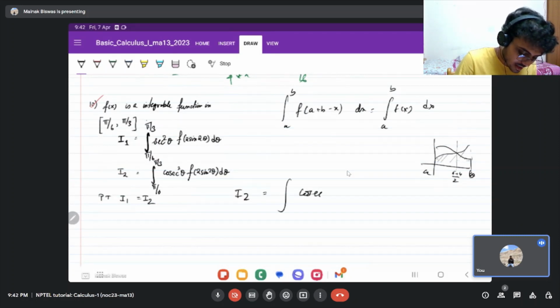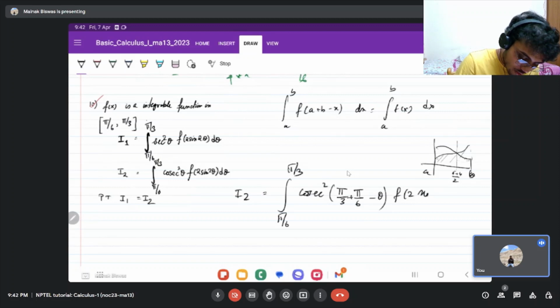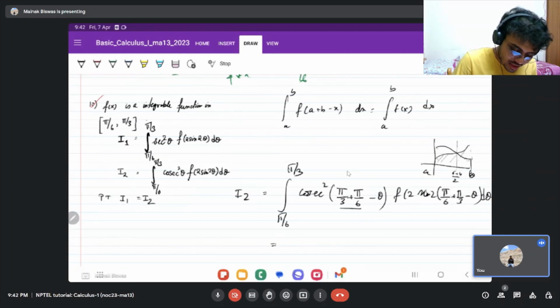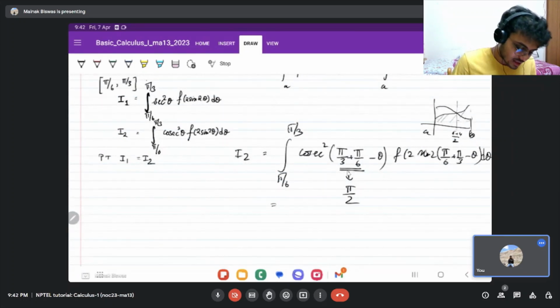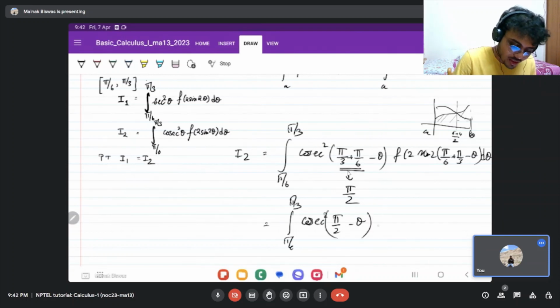As cosec square x, I will be using pi by 3 plus pi by 6 minus theta, into f of 2 sine of 2 times (pi by 6 plus pi by 3 minus theta), and you have d theta, right? So what is this? This is pi by 2, right? Pi by 6 plus pi by 3 is pi by 2. So the integral from pi by 6 to pi by 3 of cosec square of (pi by 2 minus theta) into f of 2 sine of 2 times (pi by 2 minus theta) d theta.